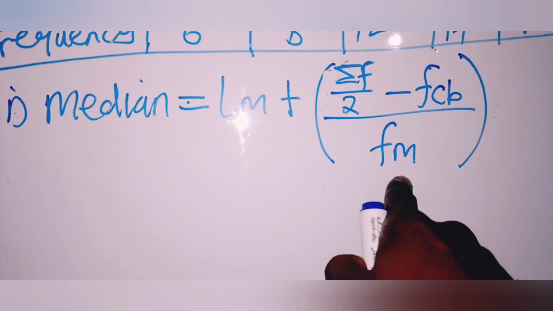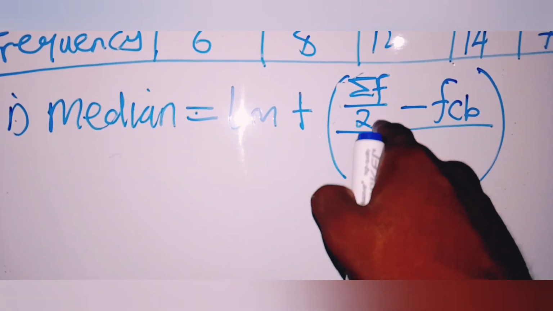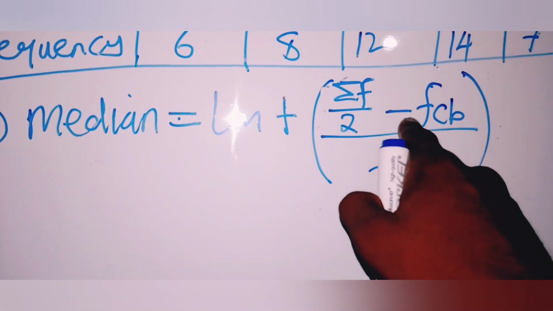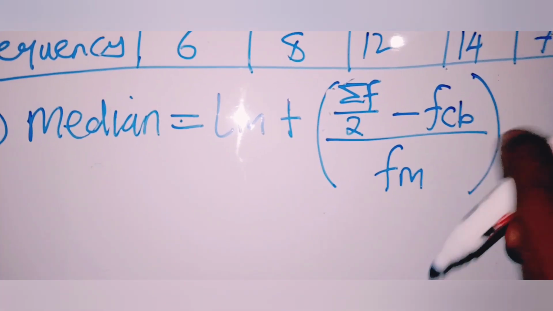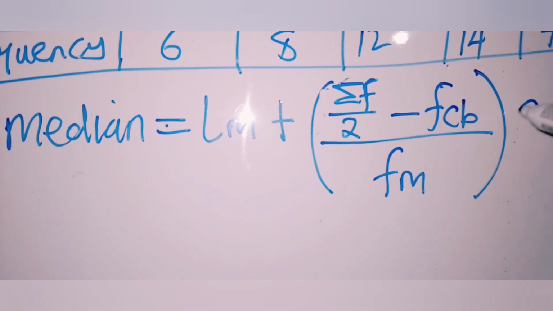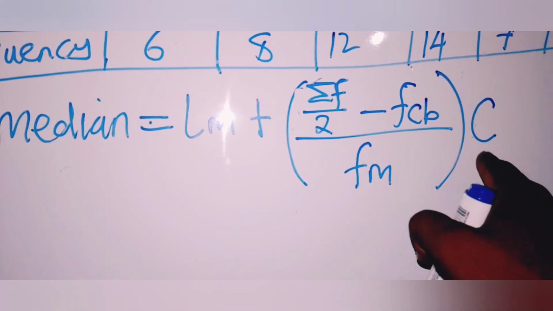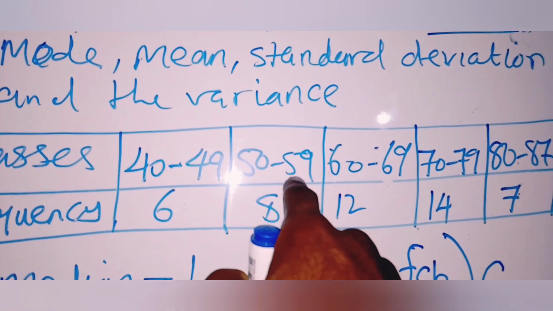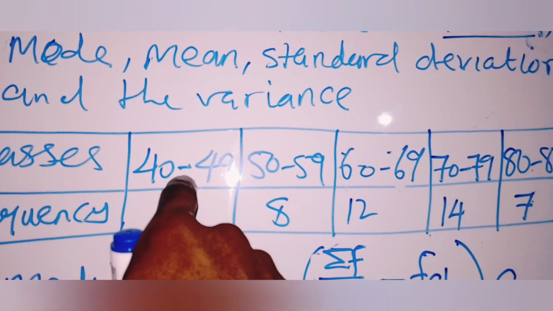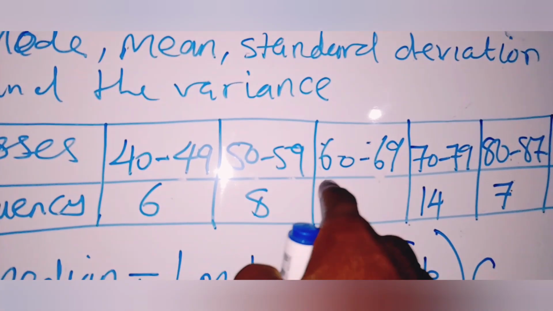Make sure you know the frequency of the median class, the sum of the frequency divided by 2, the frequency of the class before the median class, and then the width. This is the length or width, how much the interval is taking, going from 49 to 50, from 59 to 60.